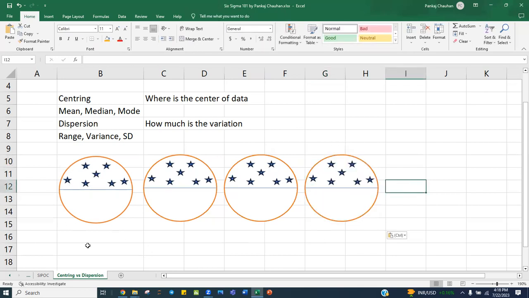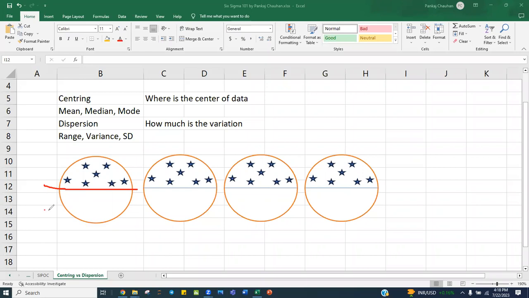So let's talk about case one. Looking at this data, what kind of problem do you feel? You will see that data points are not close to each other. When they are not close to each other, then definitely there is a variation in the data. At the same time, all the data points are only on the first half of the center.